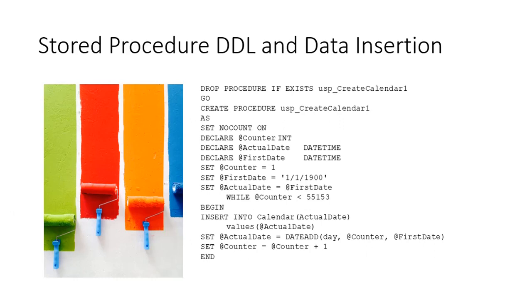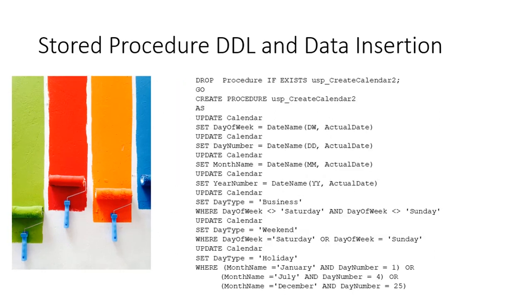In our next section, we are going to put days of week, day number, month name, year number, day of week, day type, whether it's weekend or holiday or business. So that's our third stored procedure called USP create calendar 2.